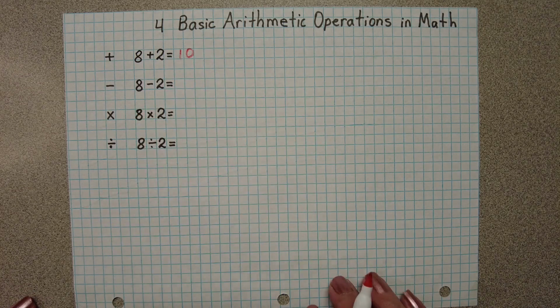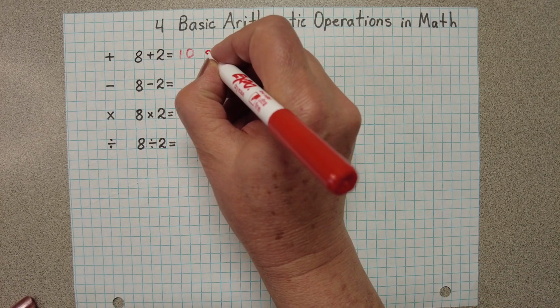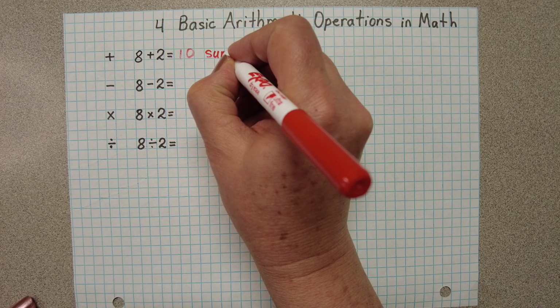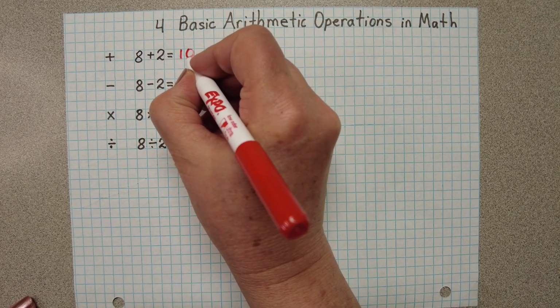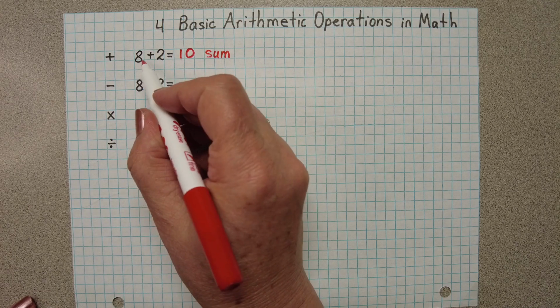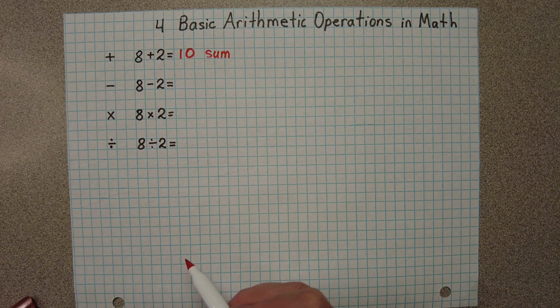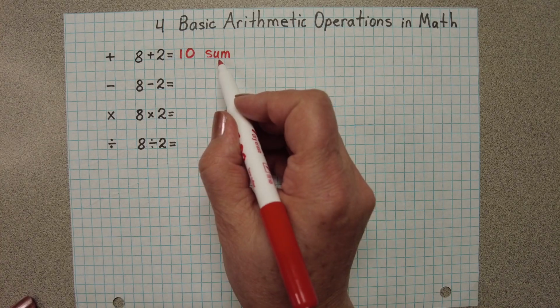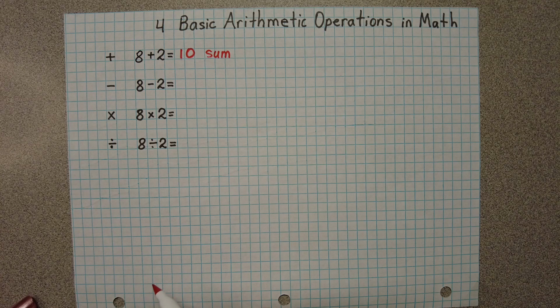What is 10 in this case? 10 is the sum of these two numbers. 8 plus 2 equals 10. If you have a problem that says find the sum of two numbers, you know already you need to add.